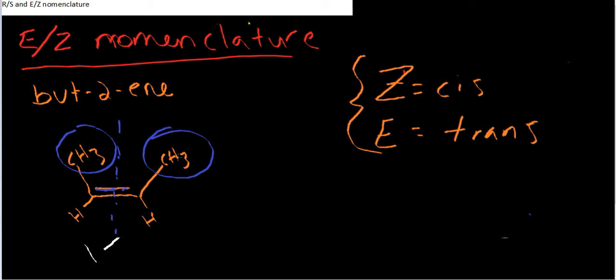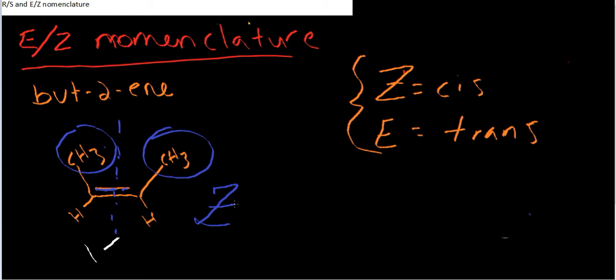You have CH3, CH3, hydrogen and hydrogen. So the two highest priority groups are on the same side of the double bond, so we would call this Z butene.